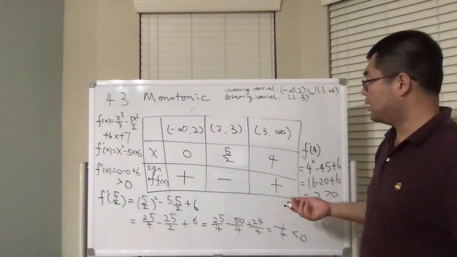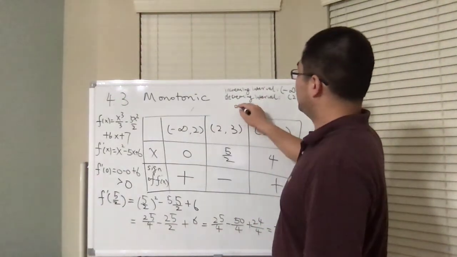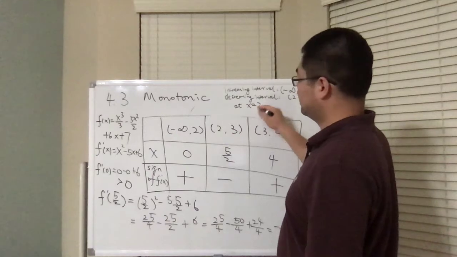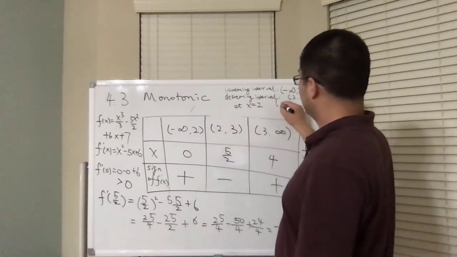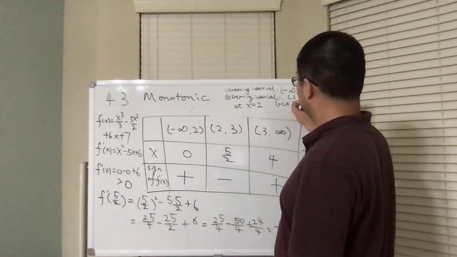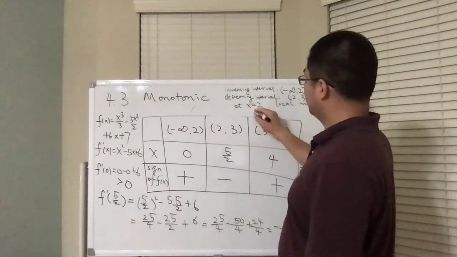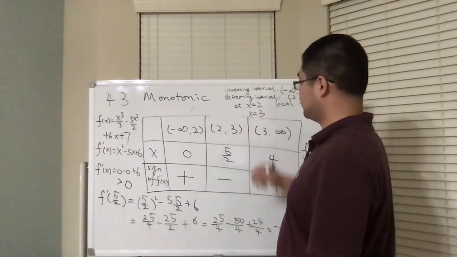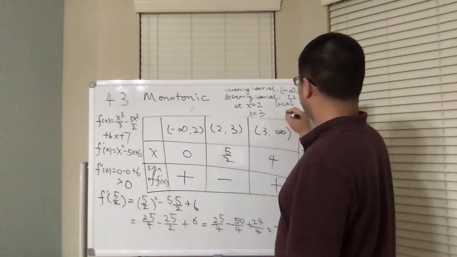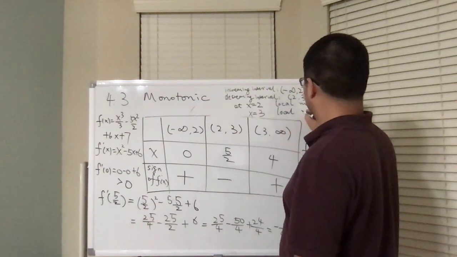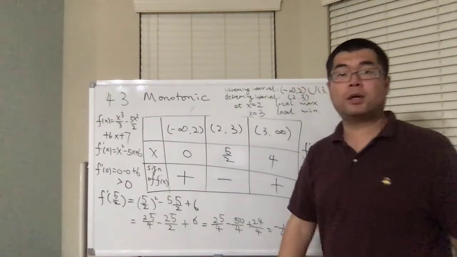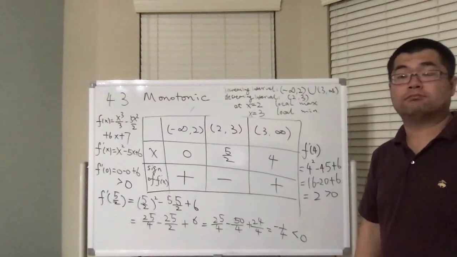And at x equals 2, you have a local max. At x equals 3, you have a local minimum. Okay, so we complete this whole problem.